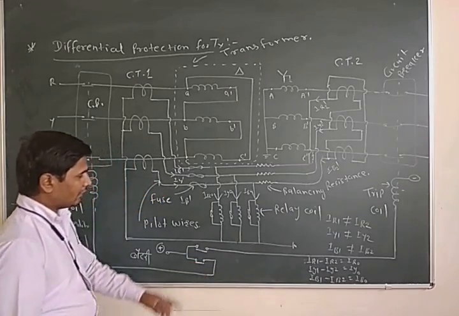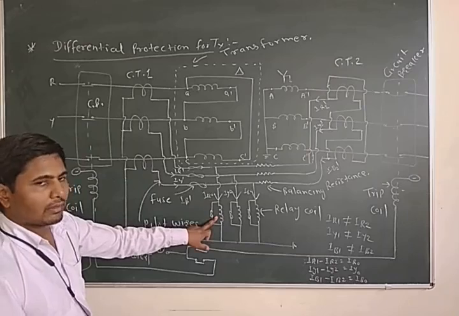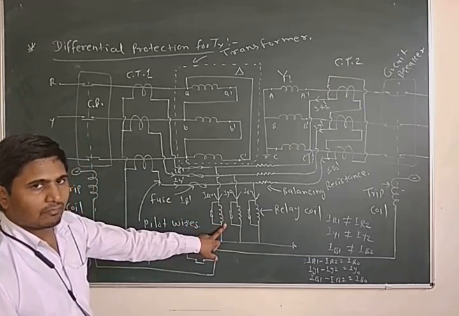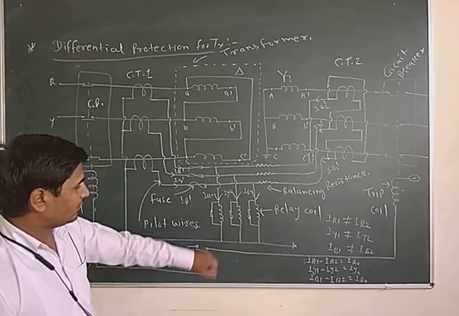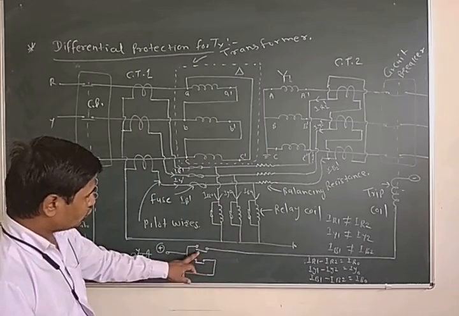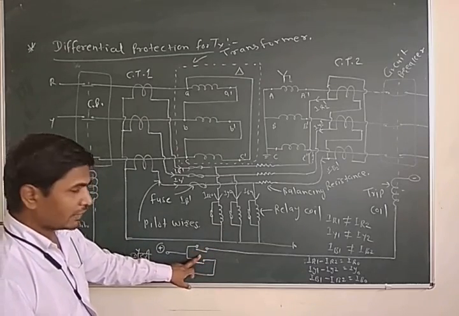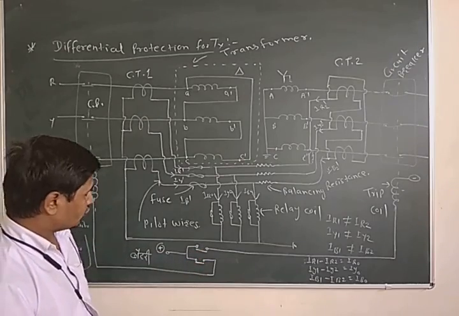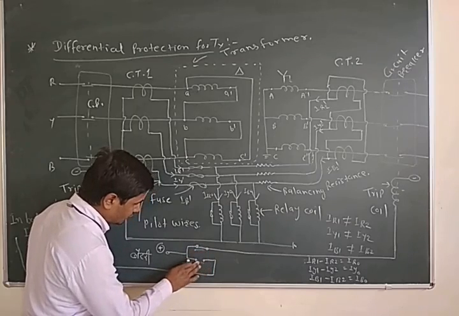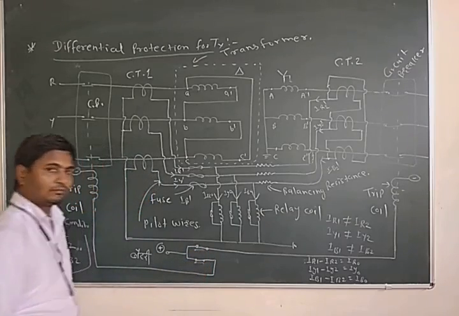Now when coils are energized due to current flow, flux is developed in the coils and a magnet is produced. This magnet closes the contacts of the circuit breaker trip circuit. So the contacts of the trip circuit of the circuit breaker get closed in this way.